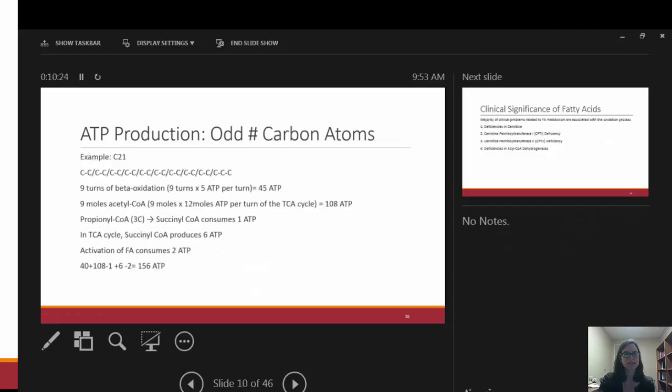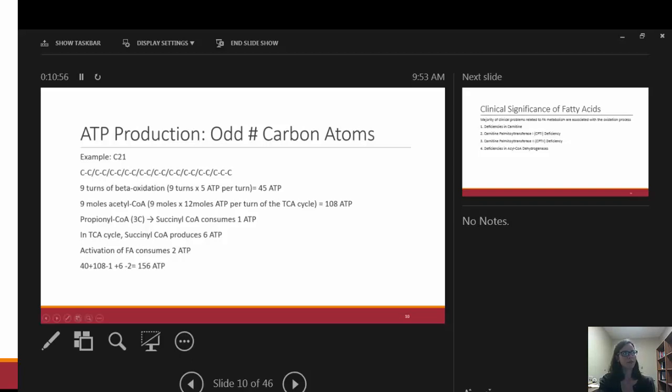Okay, so let's look at this example where we have 21 carbons. Again, we're lysing it every 2, okay? So we have 9 turns of the beta oxidation times 5 ATP per turn to get 45 ATP from the beta oxidation of this molecule. And then we count our 2 carbon units of acetyl-CoA. This last one we're not counting because this is the propionyl-CoA. And so we get 9 moles of acetyl-CoA for 108 ATP once it goes through the TCA cycle.